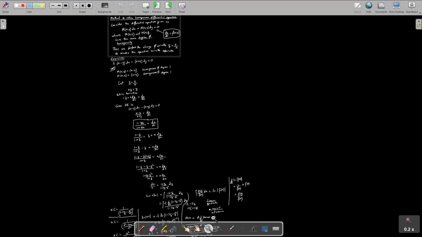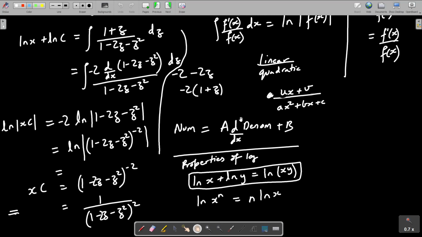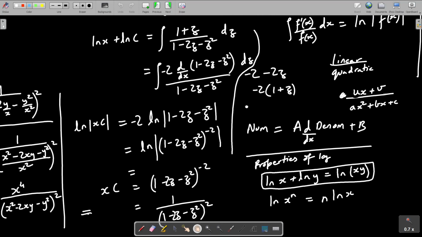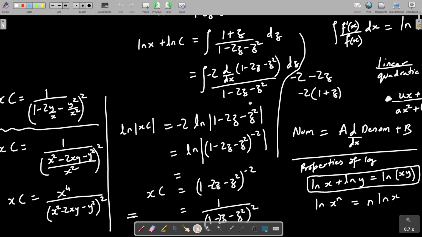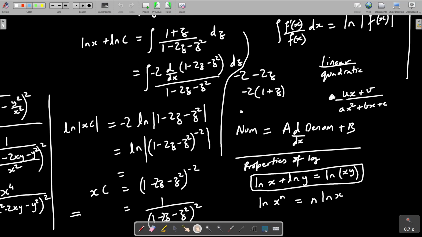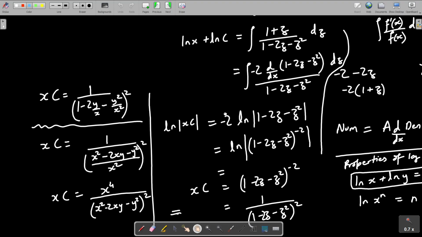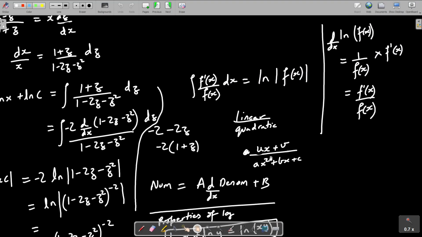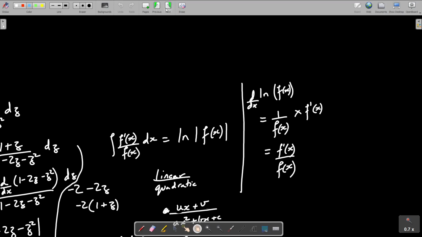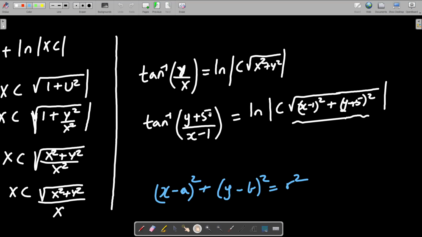I can't find the answer here. I think I scrubbed it out by mistake. Oh, the inverse tan was the solution to that problem.